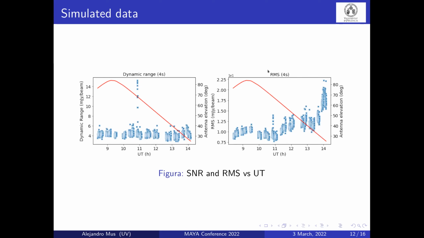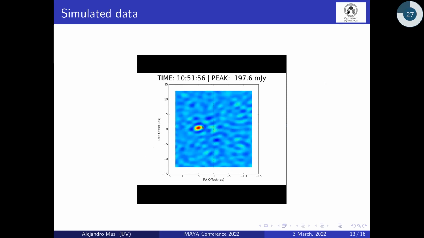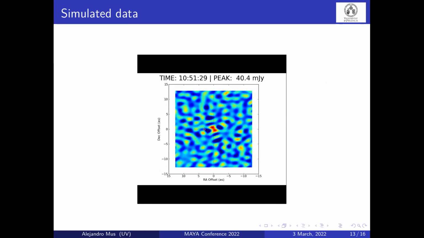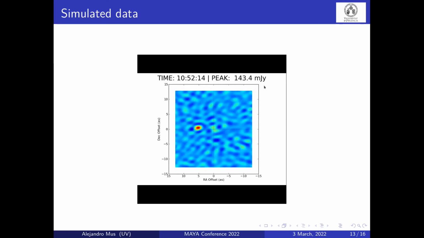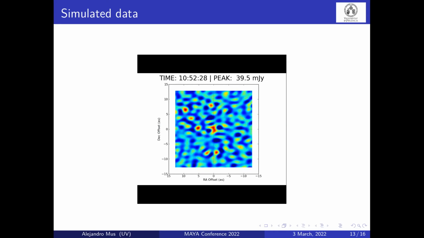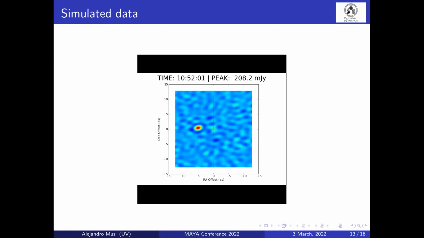In the RMS setting, again, we see around 11 a peak. So we manually inspected and we didn't remove it. You see here how this transient disappeared in the residual map, and suddenly, pop, a point is here. So it seems everything is working fine.